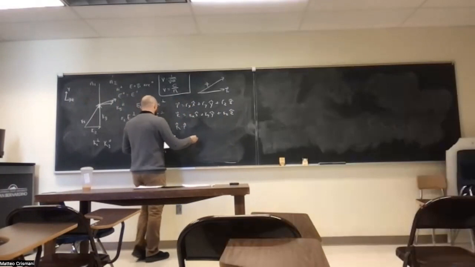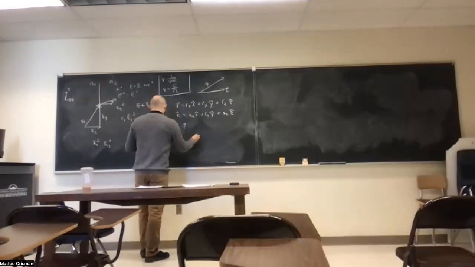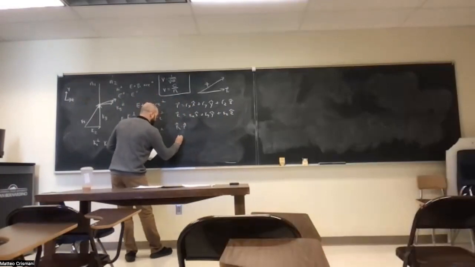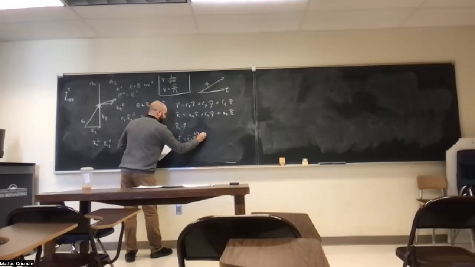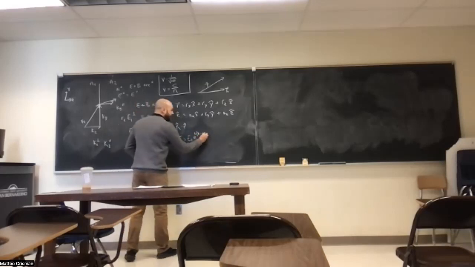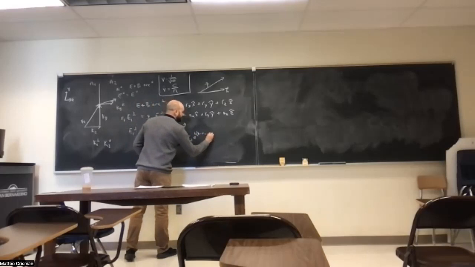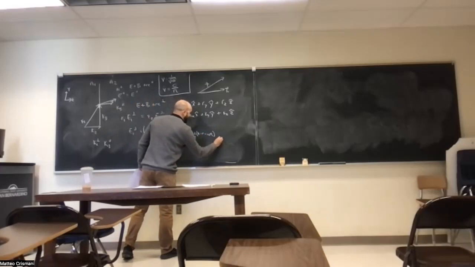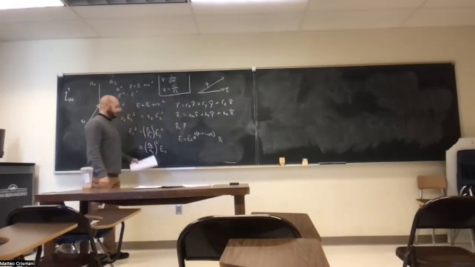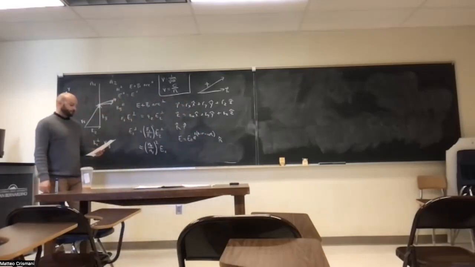So I can write E is E naught e to the i K dot R, as opposed to Kz minus omega t. And that'll be in what we call the n hat direction.